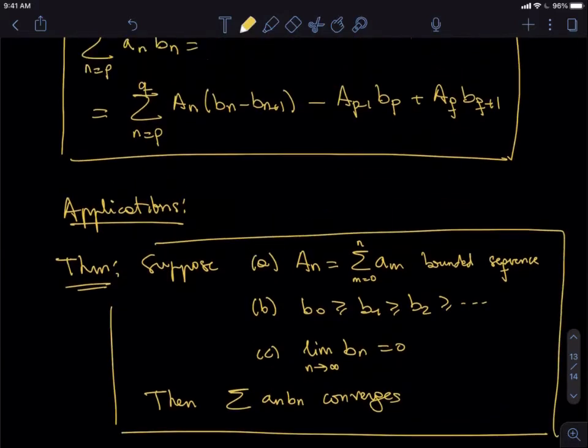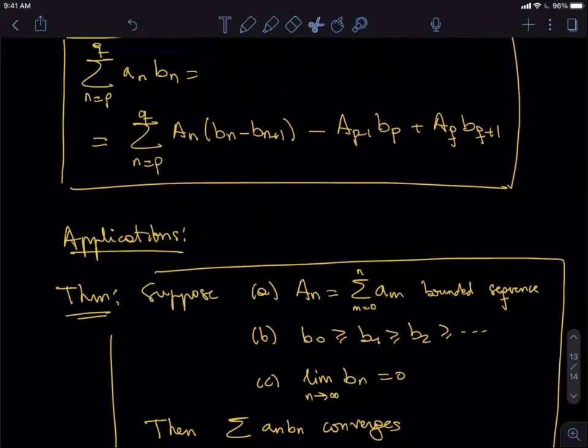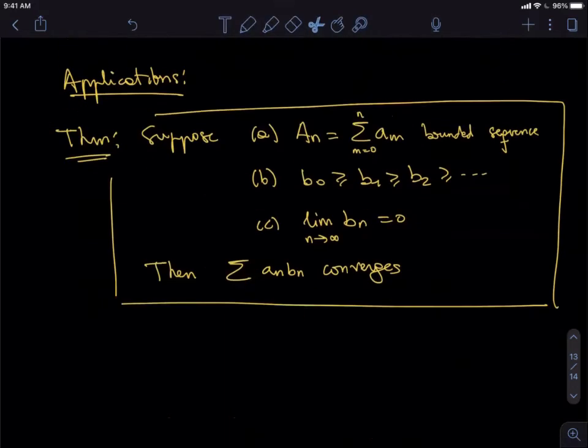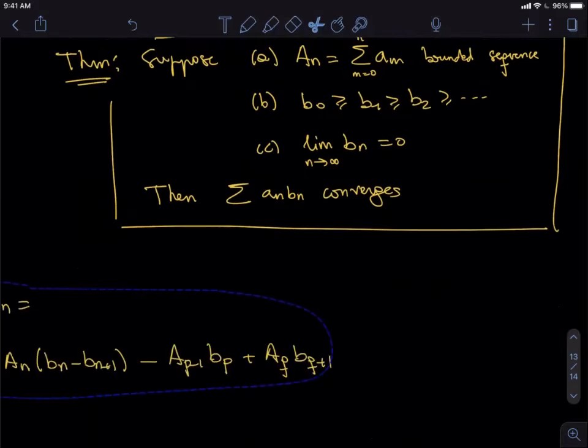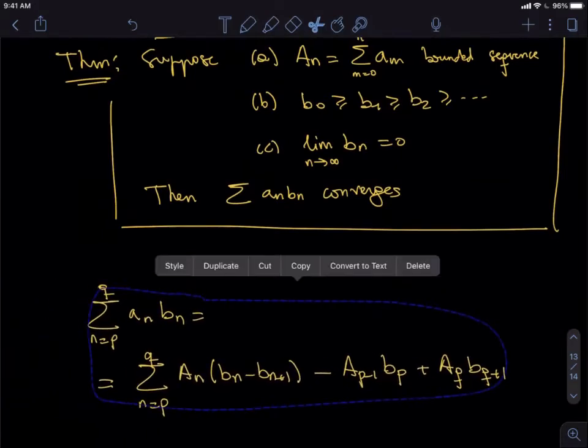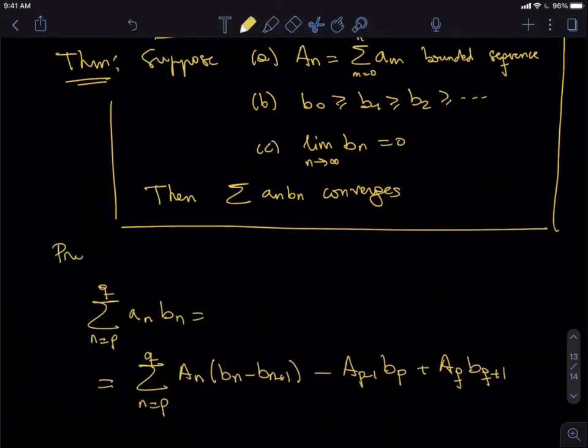And for the proof of this, we are going to use the partial summation formula. So let me copy paste. Let's keep it here. How do we show this?